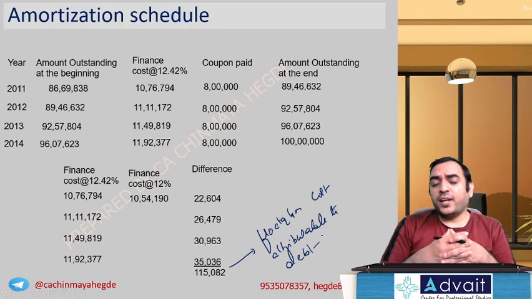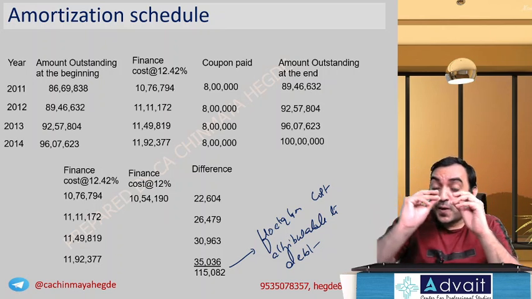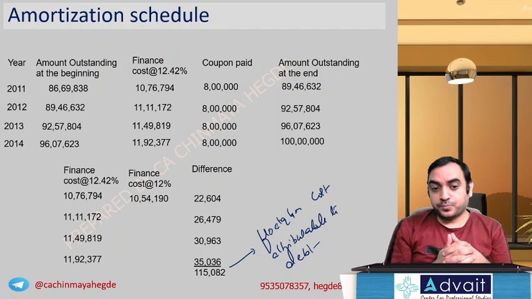Hope you are able to get this point. That 12 to 12.42%. Why that 0.242% increase? Because of the flotation cost.